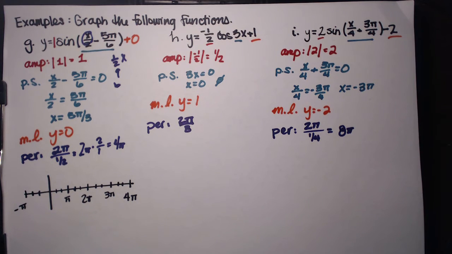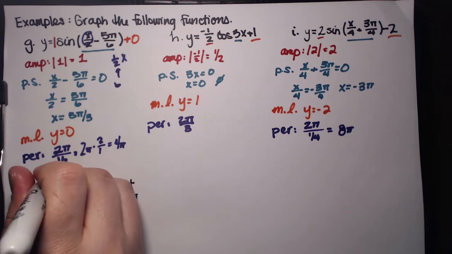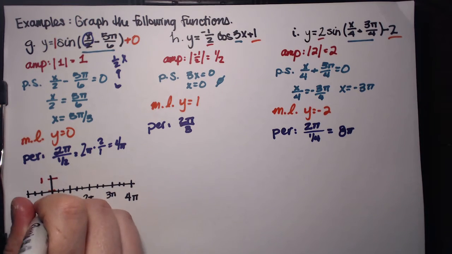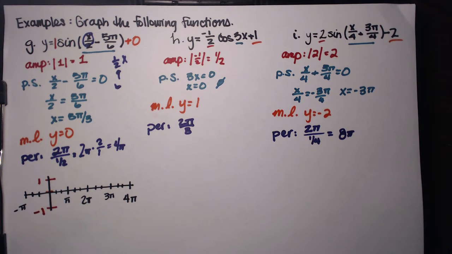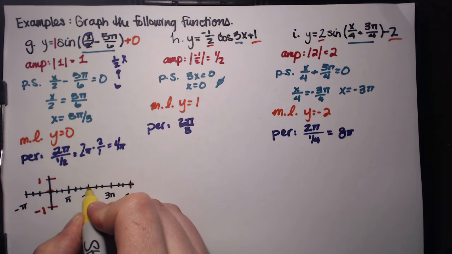Okay, so the mean line is 0. The amplitude is 1. And then if I were to graph this without the phase shift, because this is sine, it would start at 0 and end at 4 pi, with halfway between at 0.